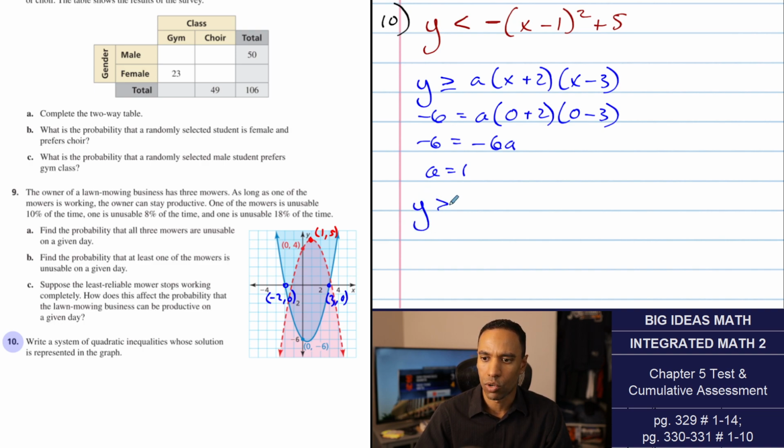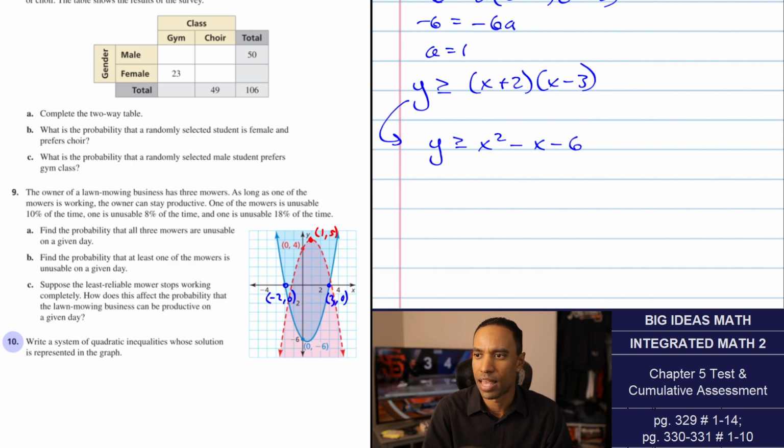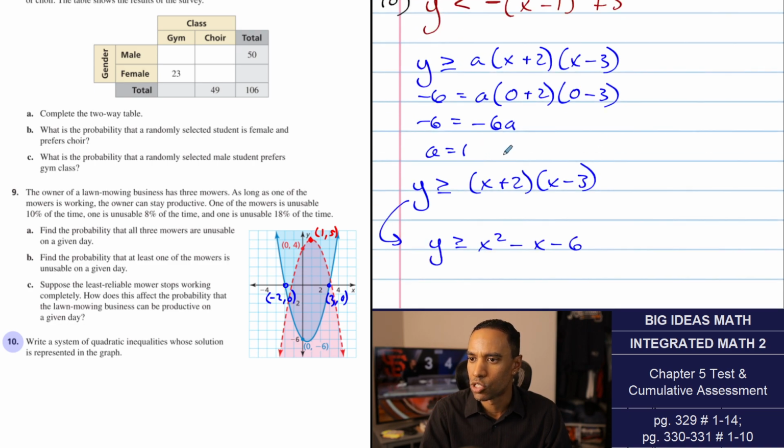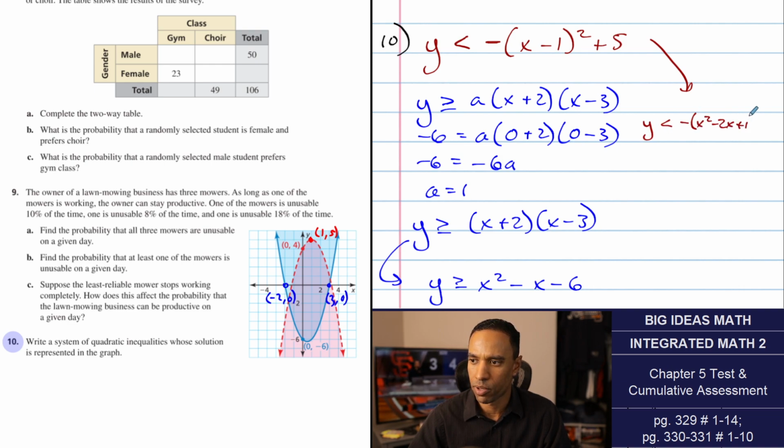So this is the inequality y is greater than or equal to 1 times x plus 2 times x minus 3. So in standard form, this one here is y is greater than or equal to x squared minus x minus 6. And then this other one is y is less than negative x squared minus 2x plus 1 when expanded, plus 5.